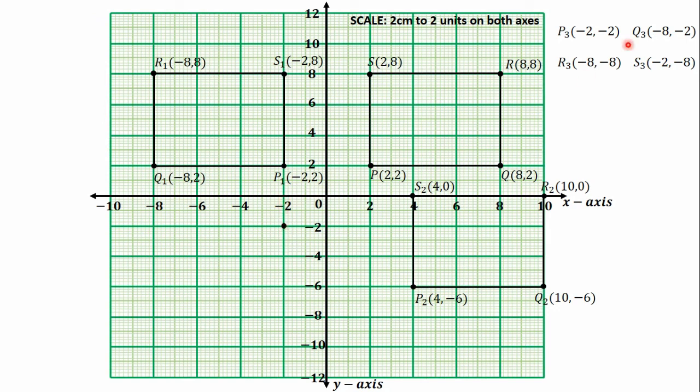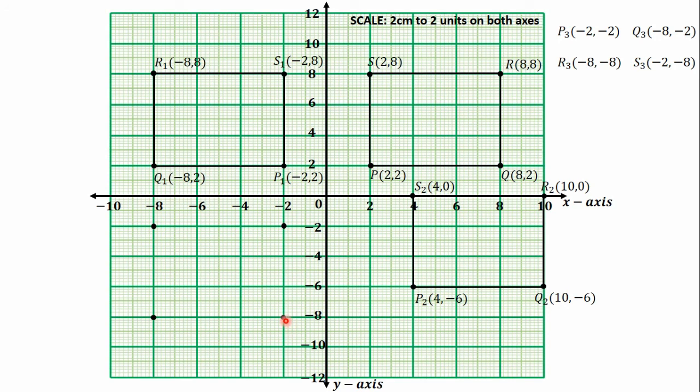That will be here. Q3 has the coordinates (minus 8, minus 2), so minus 8 on the x-axis, minus 2 on the y-axis. That will be here. R3 has the coordinates (minus 8, minus 8), so minus 8 on the x-axis, minus 8 on the y-axis. That will be here. And S3 has the coordinates (minus 2, minus 8), so minus 2 on the x-axis, minus 8 on the y-axis.